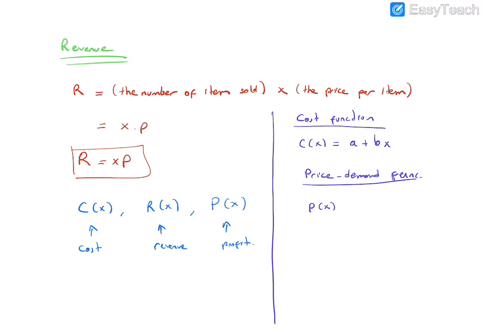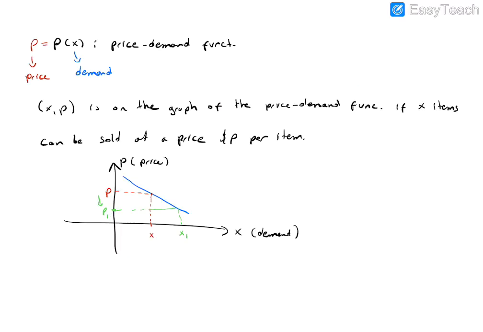Be careful, please, okay? So price equals M minus N times X. Here again, M and N are positive constants. Since there is an inverse proportion, there is a minus sign here, okay? So the graph of this linear function looks like this graph.